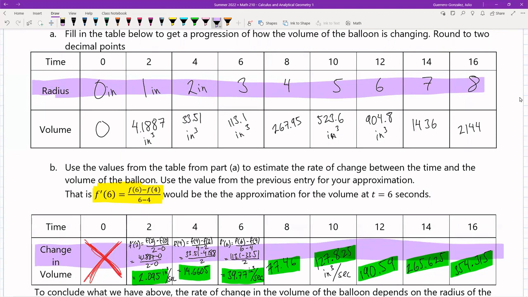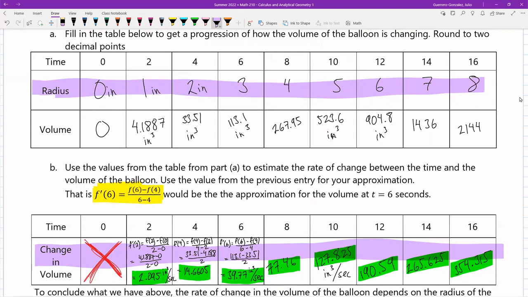Okay. If we were given a rate for our radius, we could, in theory, find a rate of change for our volume.